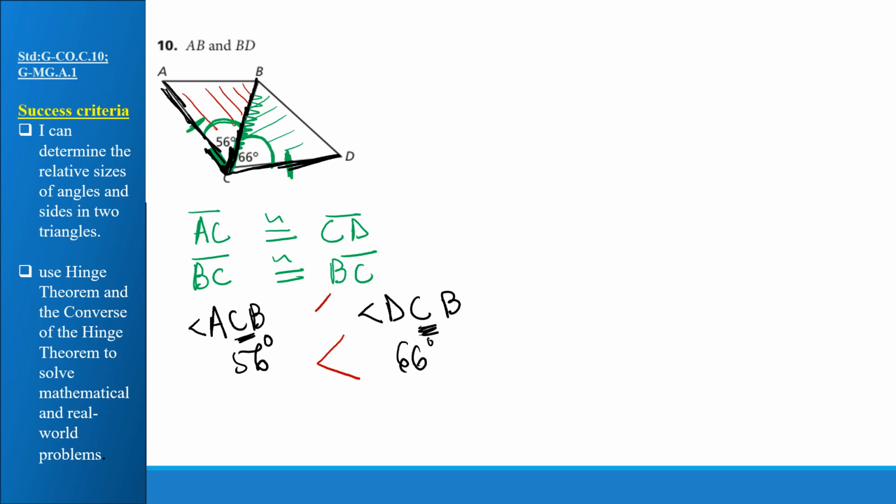If this is the scenario, the opposite side of this 56, which is AB, will definitely be smaller than the opposite side of 66 degrees, that is BD. So AB is less than BD.